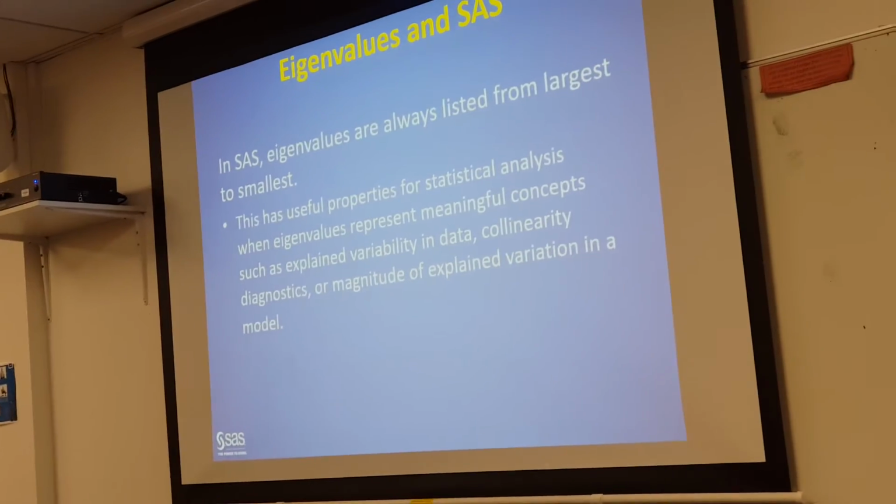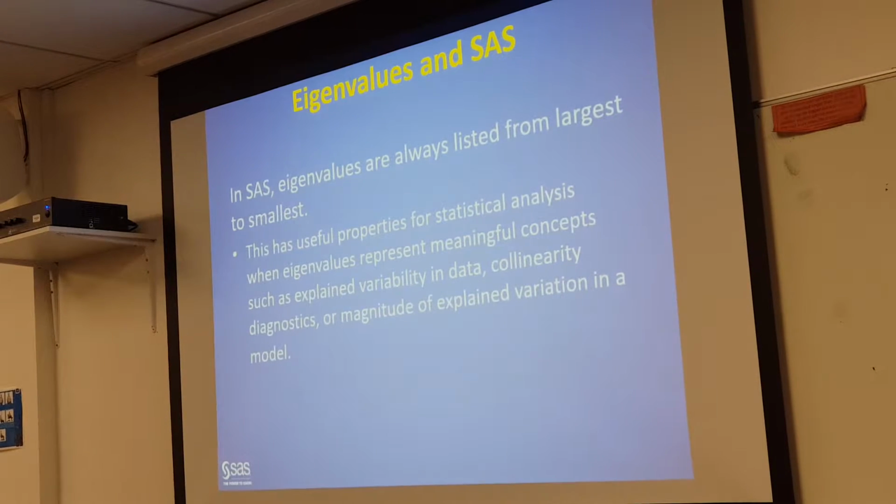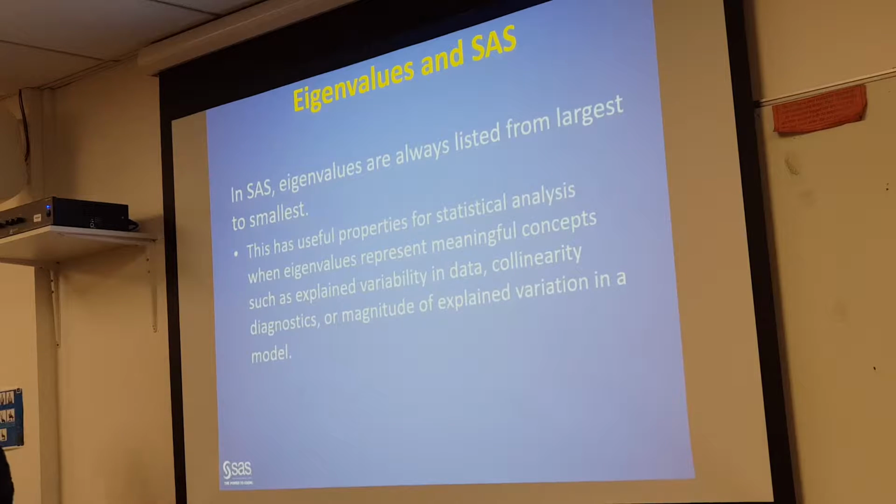So SAS follows what everybody does, which is to list the eigenvalues from the largest to smallest, right? And this is useful because obviously that first PC is the one that explains the most variation. It's also useful if you're doing collinearity diagnostics, explaining variation in the data or the model.